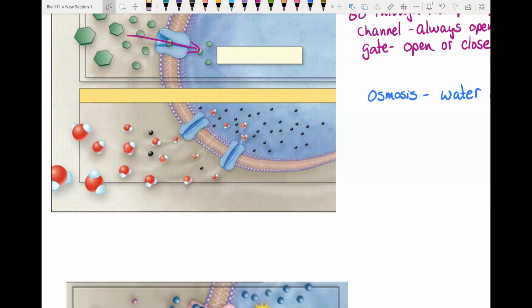In this picture, these black dots are your solute. Out here is your water. As you can see, there's more solute inside the cell, so the water is moving in there to be with the solute.